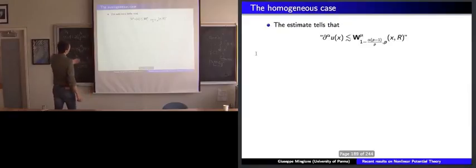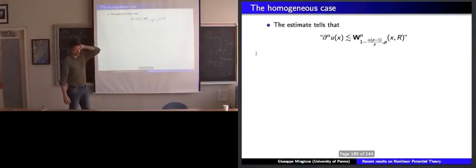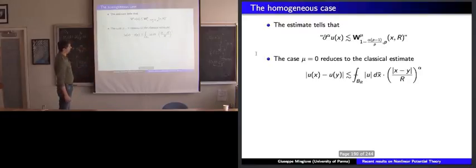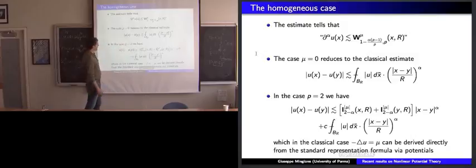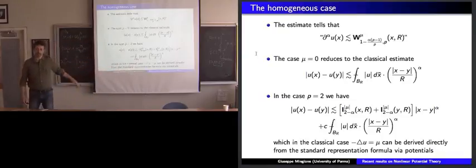And anyway, on this I'm going to come back later, and this anyway tells you that you can pointwise bound, by interpreting this thing in the way we saw via Calderón spaces, any fractional derivative by the corresponding Wolff potential. When μ is equal to 0, this reduces to the standard estimate, and when p is equal to 2, this is always the best possible one. So this gives essentially all kinds of oscillations in terms of these potentials.